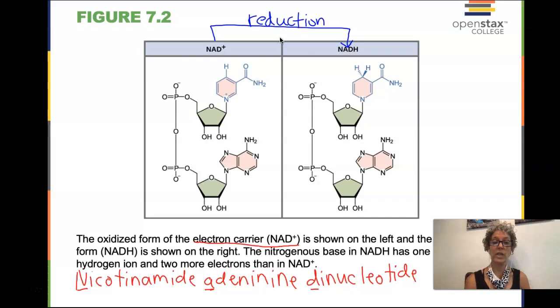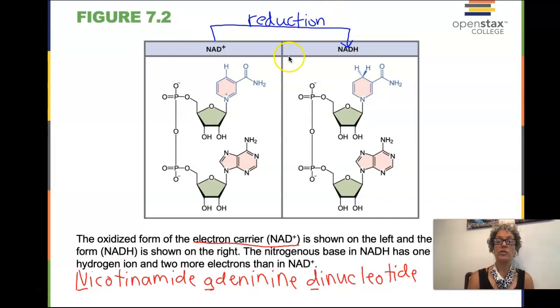So an electron is abbreviated e- because an electron is a particle with a single negative charge. And a proton is H+, that's a hydrogen ion. And one electron plus one proton is the equivalent of a hydrogen atom.